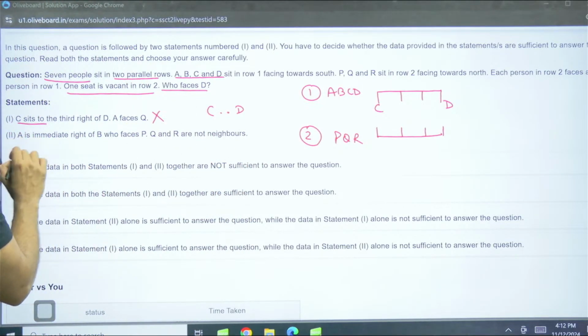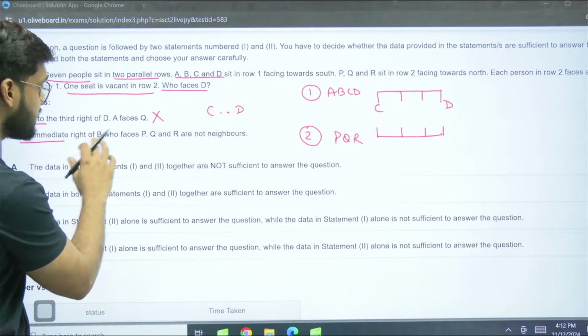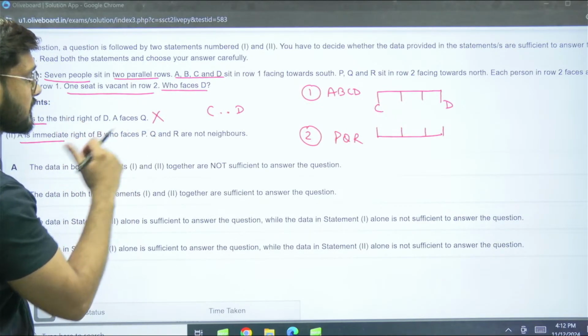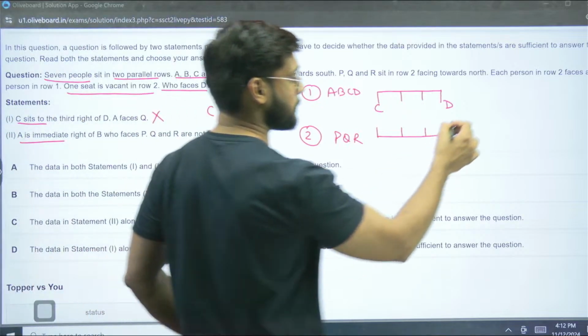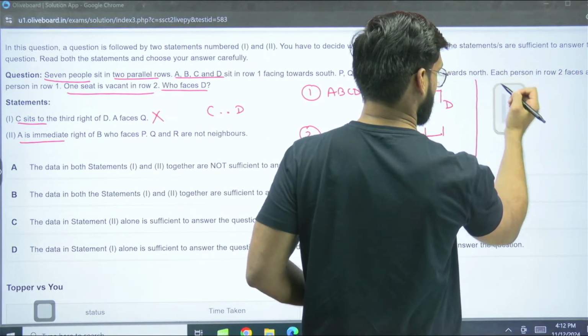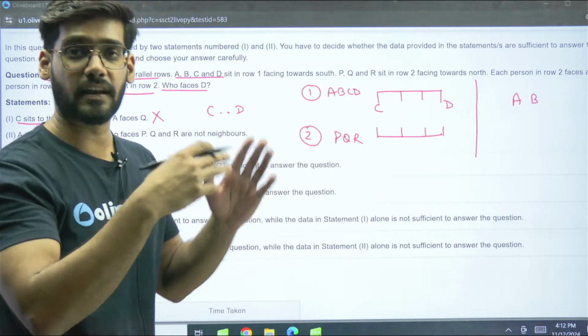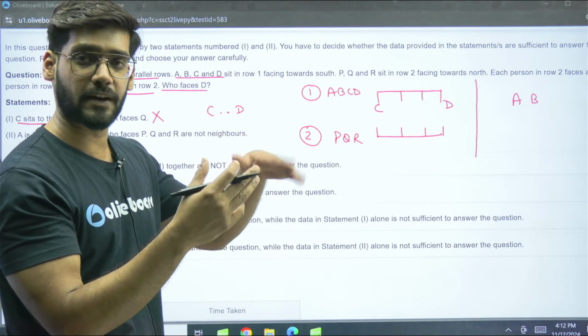Let's see the second statement. A is immediate right of B, and B faces P. If A is immediate right of B, it will be made like this: A and B, because they are facing south, and in the south the right and left get interchanged compared to the north.